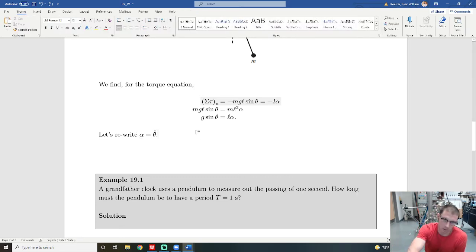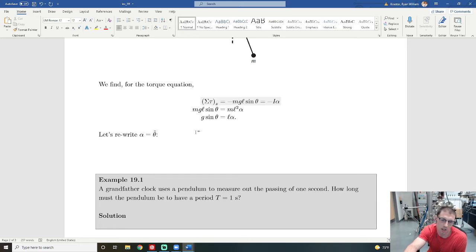Because remember that the linear acceleration, let's say if we're talking about the x direction, is the second time derivative of x, the position, right? And similarly, the angular acceleration is the second time derivative of the angular position.